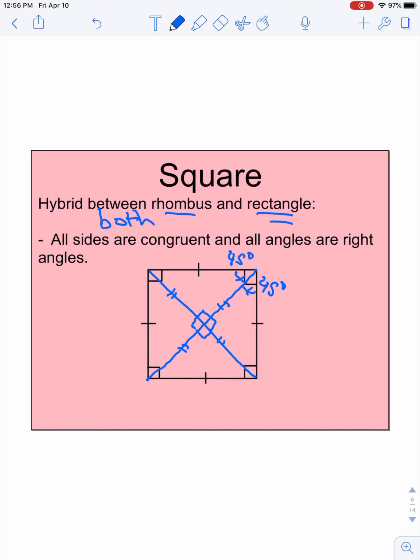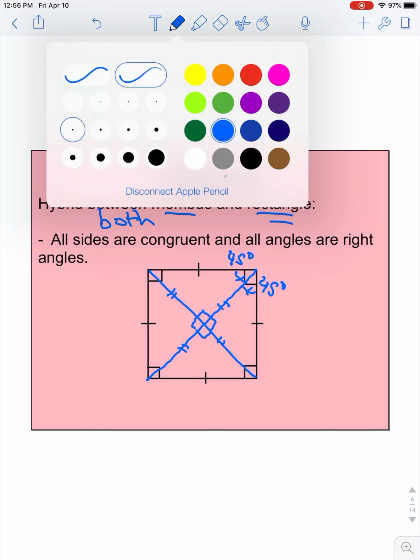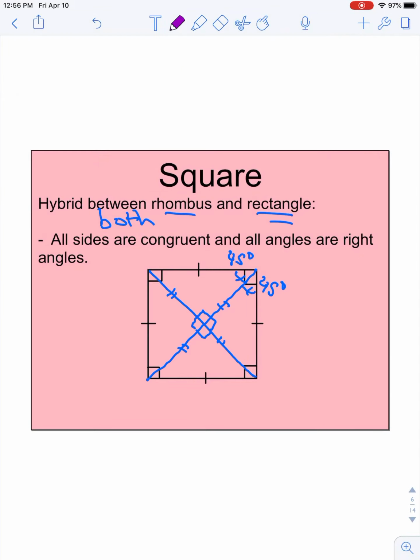And again, a square is a parallelogram. So all the properties of parallelograms that we already talked about still apply. So we have these consecutive interior angles right here that have to be supplementary. And the opposite angles have to be congruent, which they are.